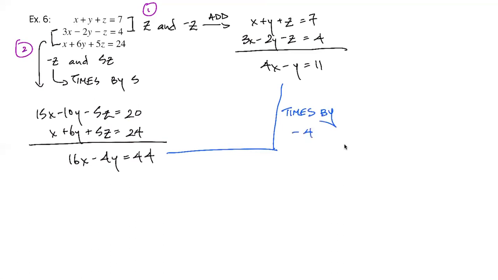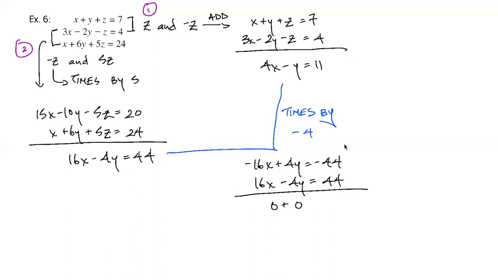Okay, that gives me negative 16x plus 4y equals negative 44. Let me stack that on top of our left-hand side equation. 16x minus 4y equals 44. Oh shoot, I think I know what's going to happen here. 0 plus 0 equals 0. Oh, or 0 equals 0.